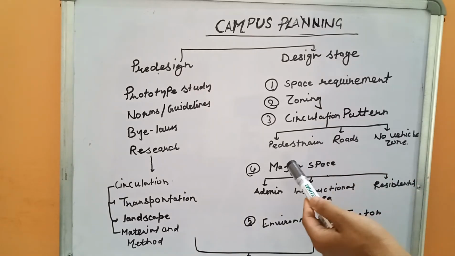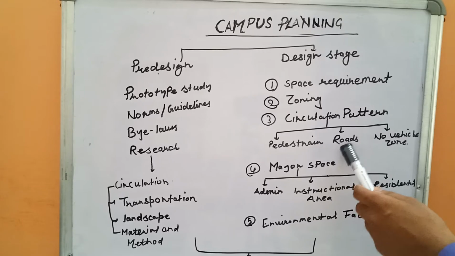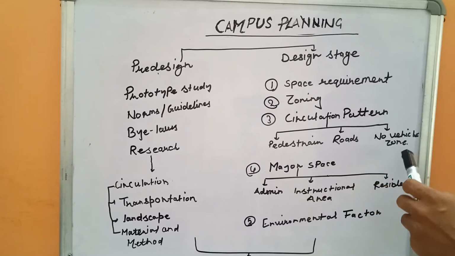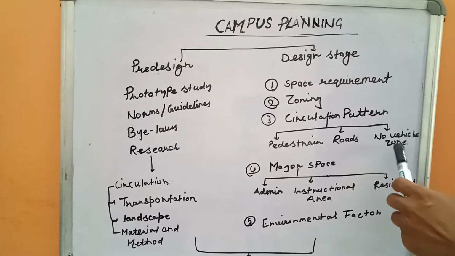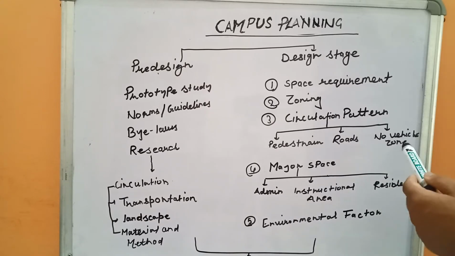So in circulation, we keep in mind pedestrian components, we study the roads, and we figure out which area we are making a no vehicle zone. A campus used for education or institutional purposes more likely has a no vehicle zone in its planning.